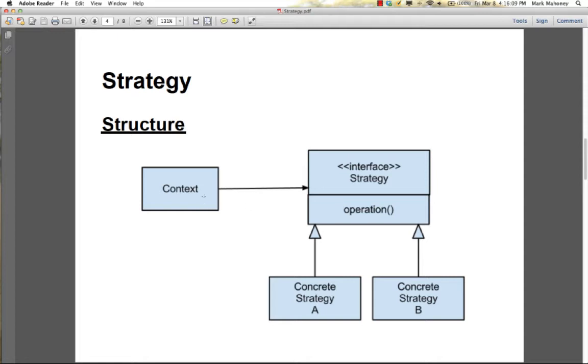So in the context class, there will be a reference of type strategy, but it will really be pointing to either concrete strategy A or concrete strategy B. All strategies know how to perform some operation. Remember, patterns are very general. We discussed the problem very generally and the solution very generally. I'll show an example soon of how to apply this particular pattern to a very specific problem.